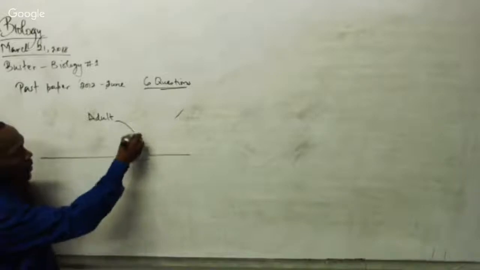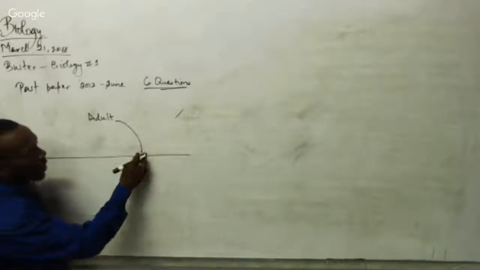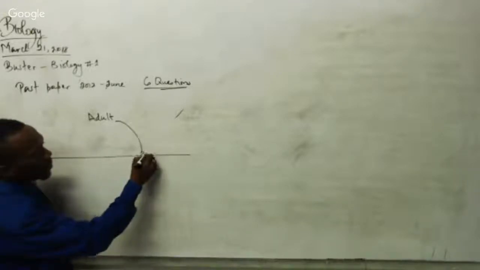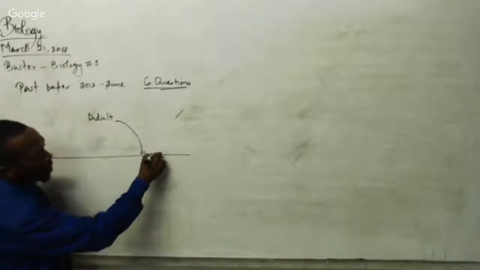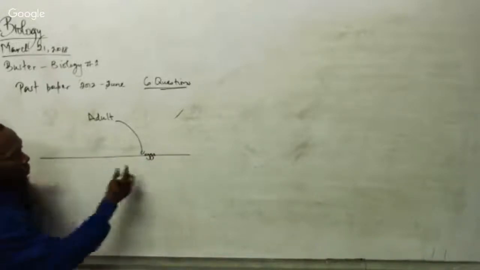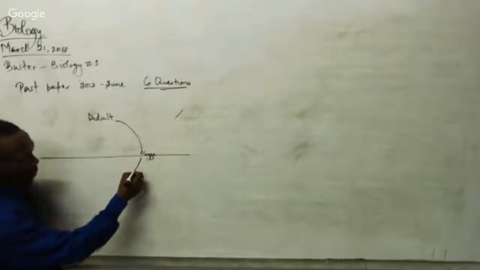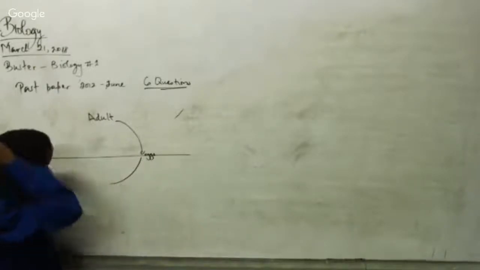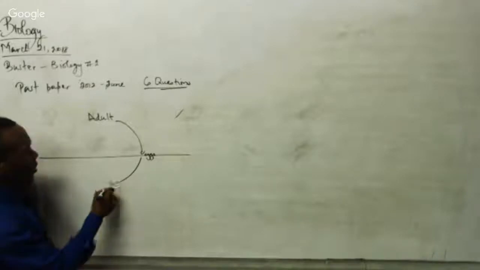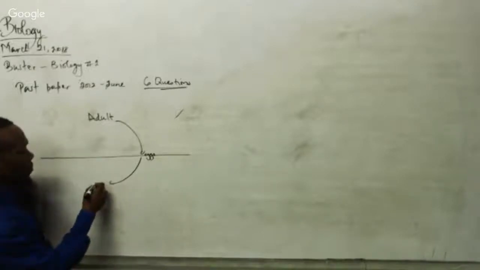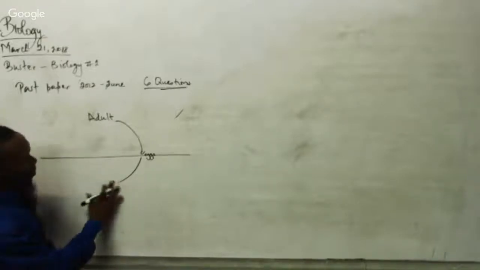And the adult lays the eggs in the water, at the surface of the water. Then the larva is the only one that can submerge itself. Here's the larvae.